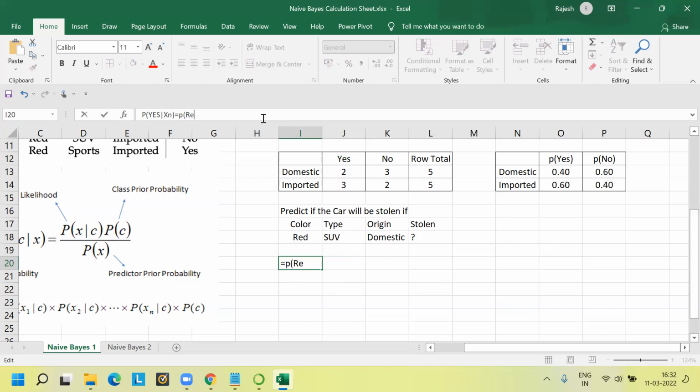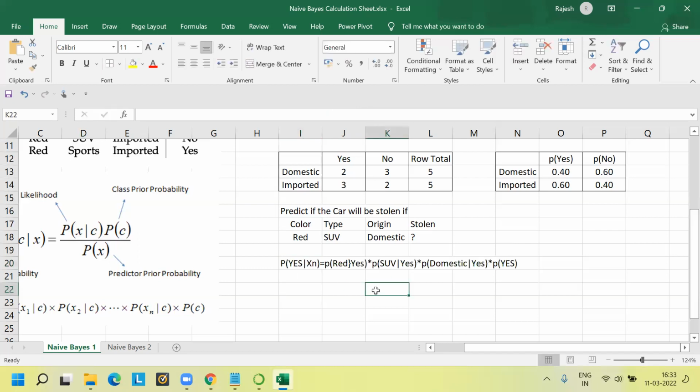Probability of red given yes, multiplied by probability of SUV given yes, then multiplied by probability of domestic given yes, into the prior probability here, the probability of yes.